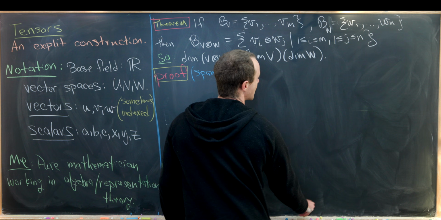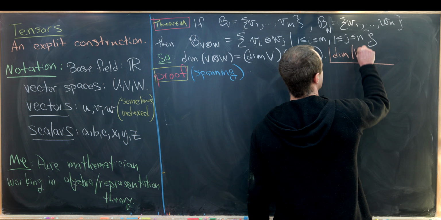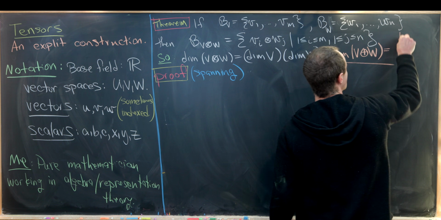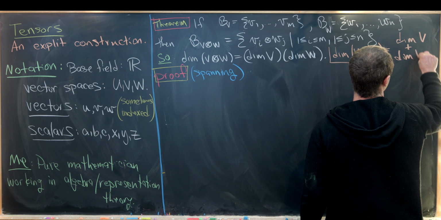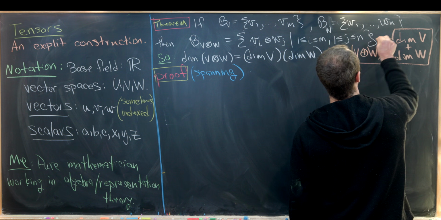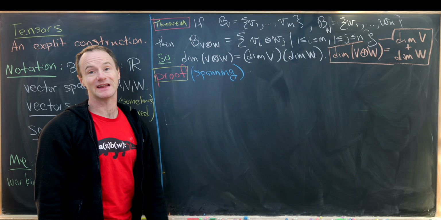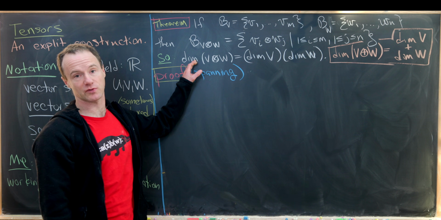So let's maybe compare that to the dimension of V plus W, the direct sum, which is equal to the dimension of V plus the dimension of W. So now after this, we've got two ways of combining vector spaces, a direct sum and a tensor product.